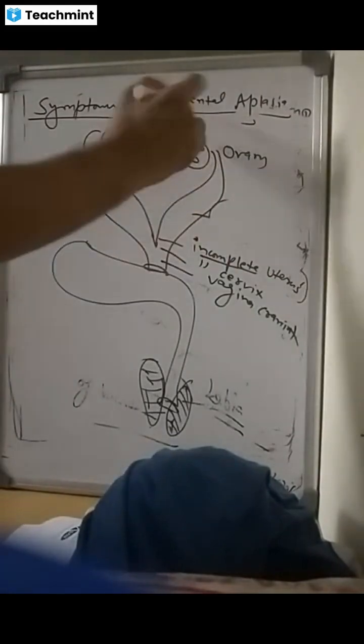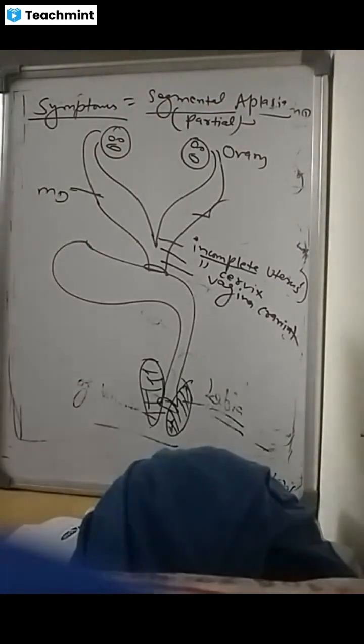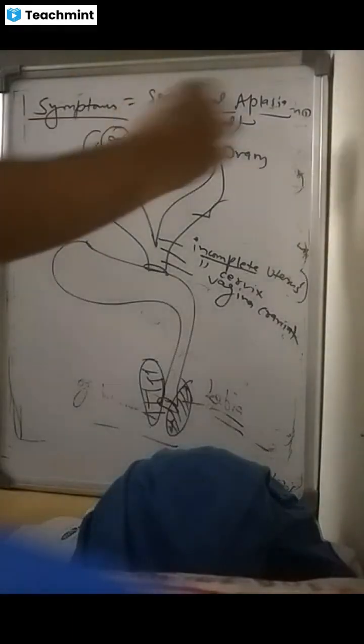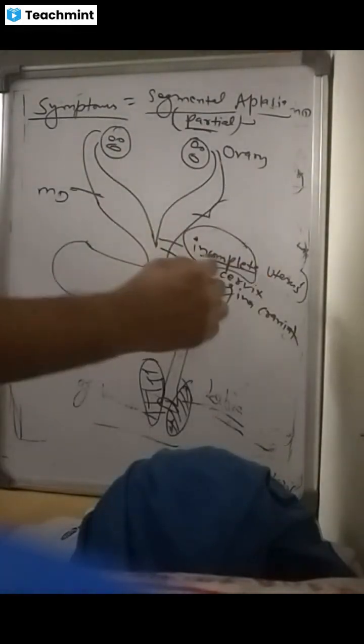So if there is segmental aplasia, then these derived structures will be formed but incomplete, because the aplasia is partial. So because the aplasia is incomplete, the structures formed will also become incomplete.